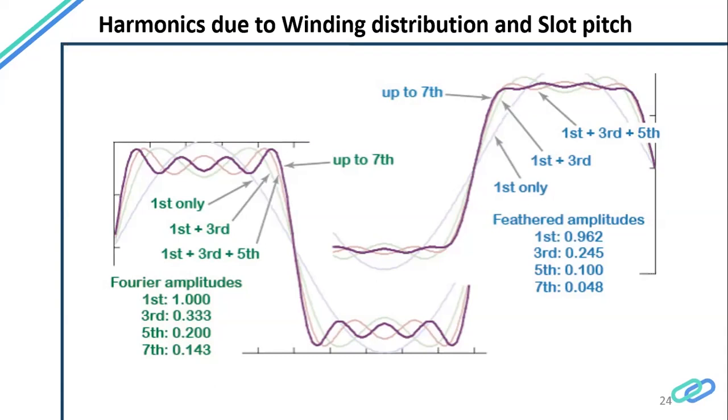We have to reduce all these impacts, or eliminate a few of those. Some winding topologies by nature eliminate some of the harmonics. So the pitching of the winding can eliminate some harmonics.